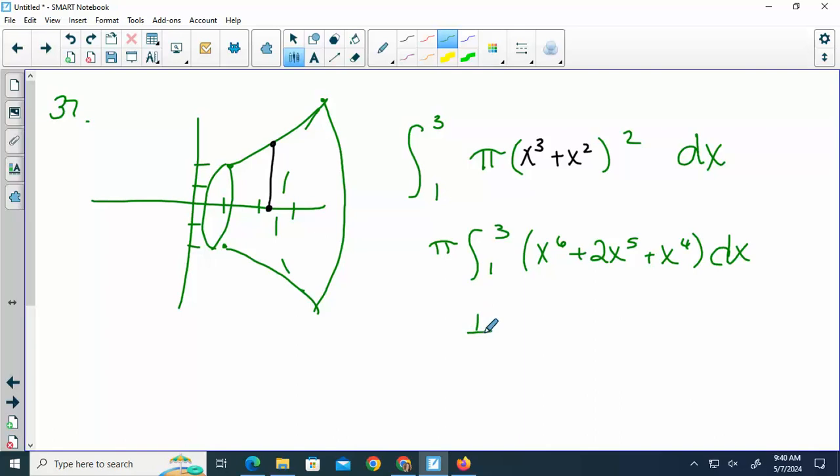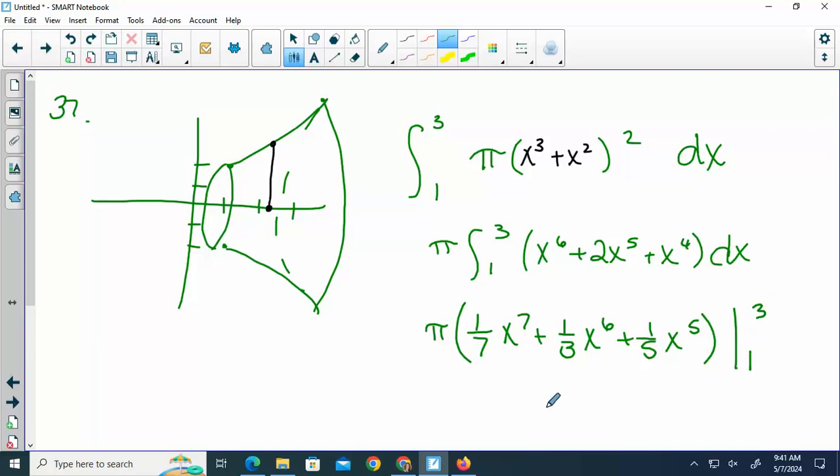So antiderivative, you have the pi, of course. 1/7 x to the 7th plus 2 over 6, so 1/3 x to the 6th plus 1/5 x to the 5th from 1 to 3. And then you plug in, and that gives you a horrible number. But lots of fractions that don't reduce here.